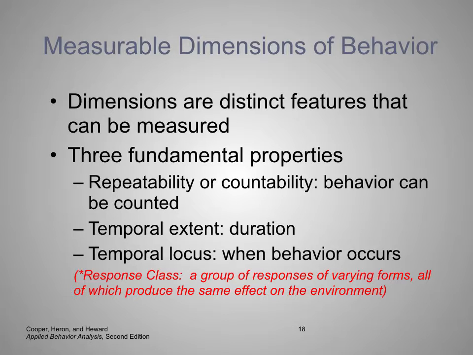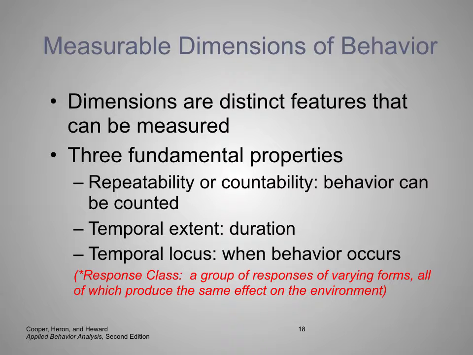A response class is defined as a group of responses of varying forms, all of which produce the same effect on the environment. For example, I say hi, or I wave my hand. These two behaviors look different, but have the same function, the same consequence: to greet other people, right?